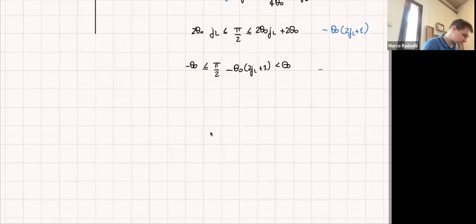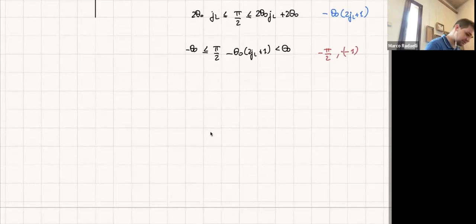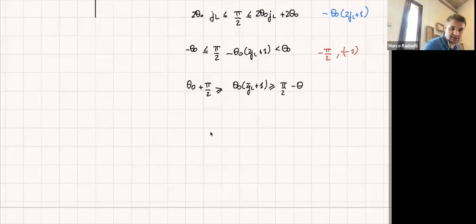Now let's subtract pi half and multiply by minus 1. And we get to the final thing: pi half minus theta naught is less than or equal to theta naught times 2JL plus 1, which is less than or equal to theta naught plus pi half.